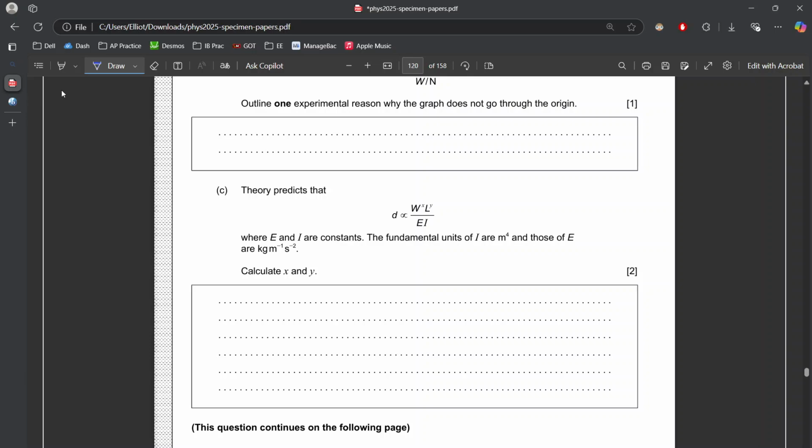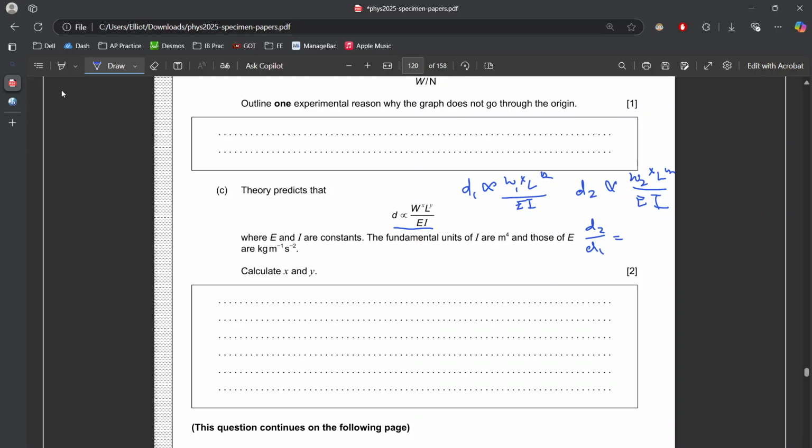So if we divide this equation by itself at a different point, so we say d1 is proportional to weight 1 to the x times L to the y over EI, then we can also say that d2, some different distance, is proportional to some different weight to the x times L to the y over EI, sorry. Then we can divide these two by each other, and the ratio of d2 to d1 is going to be equal to, because remember, it's proportional by the same constant.